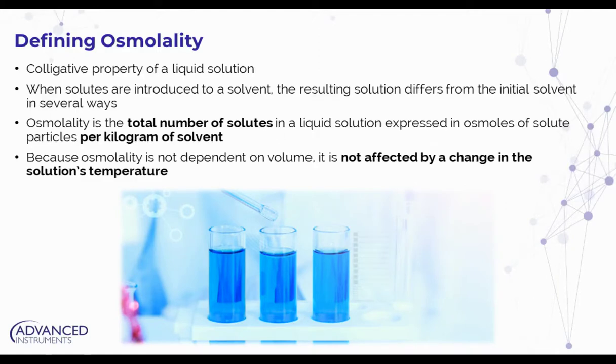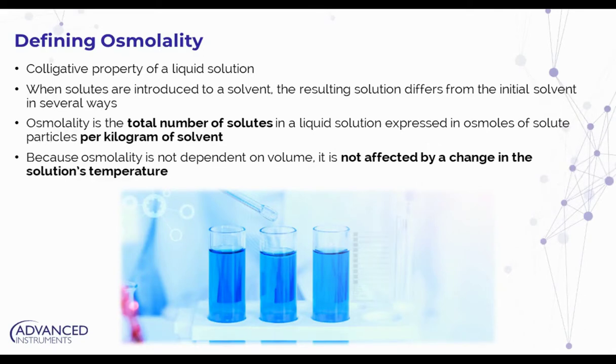It's the total number of solutes in a liquid solution, typically expressed in milliosmoles of the solute per kilogram of the solvent. And that's important. We'll get a little bit more into why that measure of mass of the solvent is so important in a second. Because osmolality is not dependent on volume, but on the mass of the solvent, it's not necessarily affected by a change in the solution's temperature.